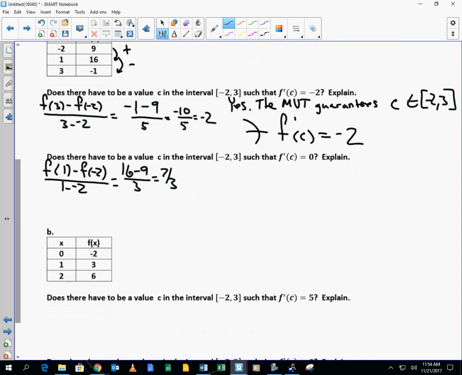Okay, let's do another one then. Let's do f of 3 minus f of 1 and divide that by 3 minus 1. And I get negative 1 minus 16 over 2. And so negative 17 over 2. Is 0 between those?